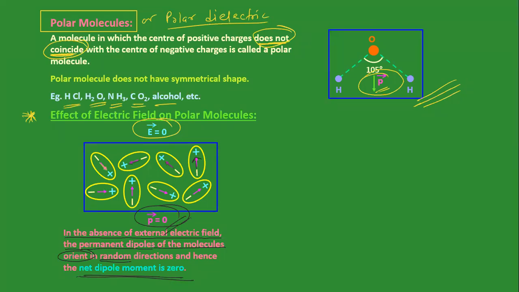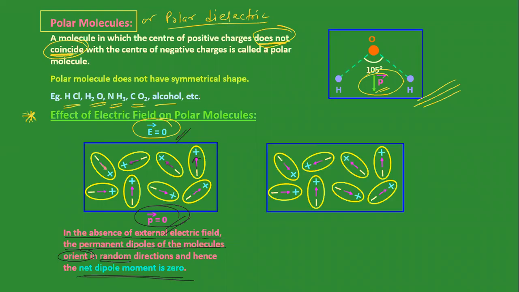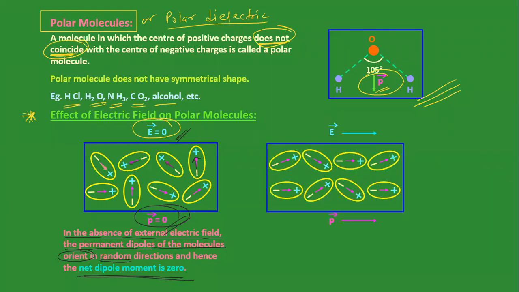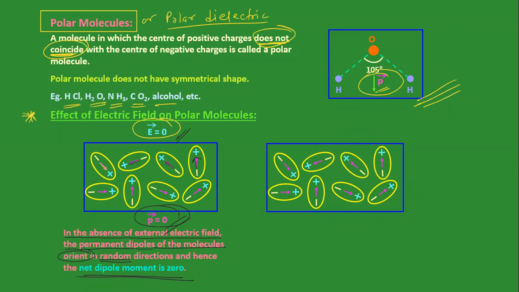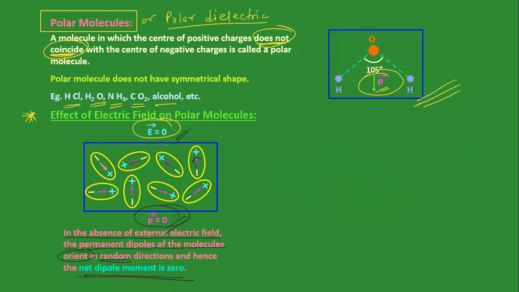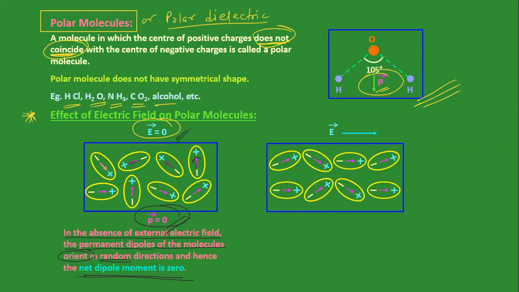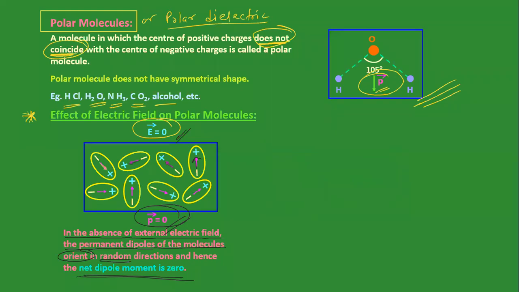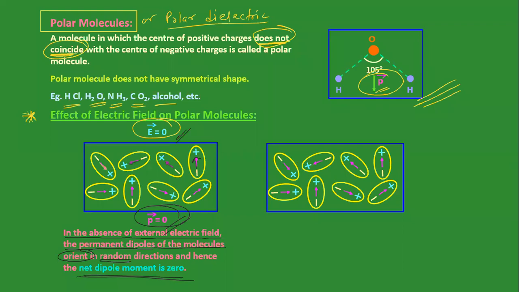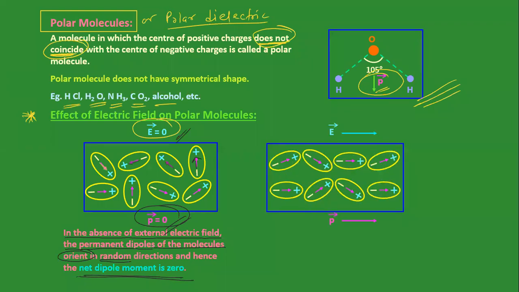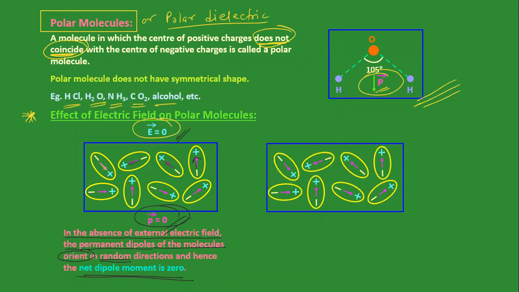Now this is the case one where the electric field is 0. Now we have to apply some electric field. Pay attention, these are the polar molecules. When we apply electric field, you can see the change. Initially, in the absence of electric field, both diagrams are similar.